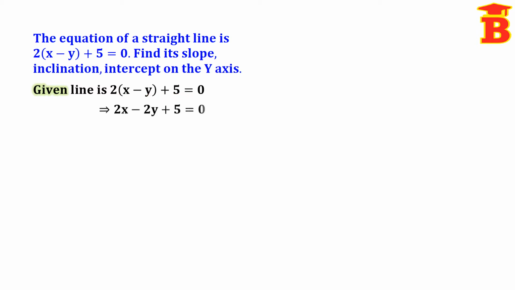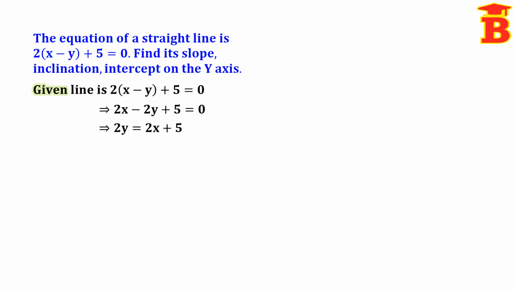This implies 2 multiplied inside: 2x - 2y + 5 = 0. This -2y, take it to the other side, it will become +2y. So we can write like this, 2y = 2x + 5.